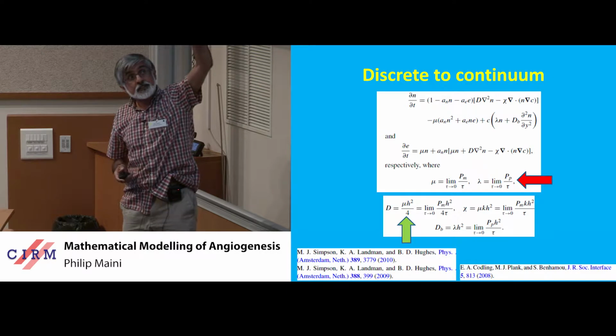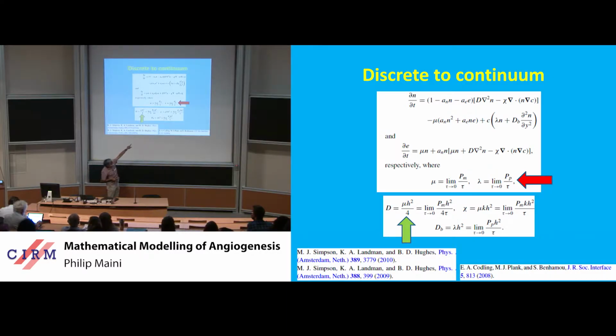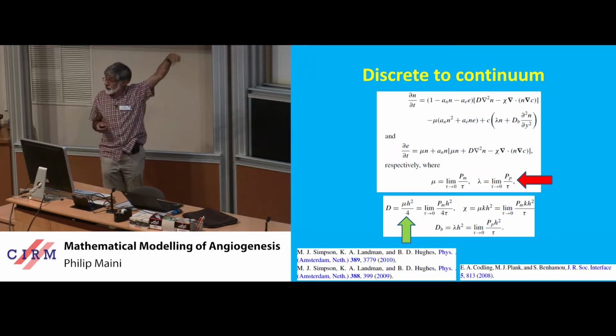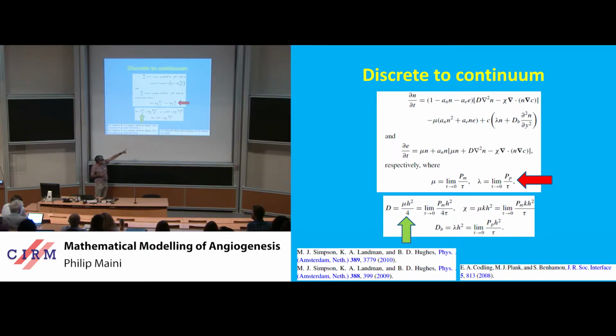If we do that in this case, there's an issue because we also have terms of the form p over tau. And as tau goes to 0, that goes to infinity. So there's a mathematical issue there that at some point we need to get around to dealing with, but we're going to follow what people have done in the literature, and we're just going to leave that in there because in our simulations, we actually don't take delta t going to 0, we just take it to be very small.